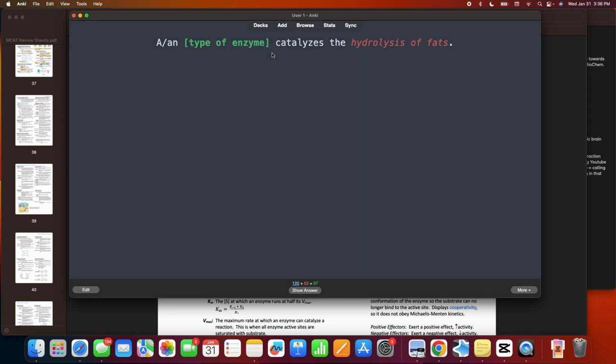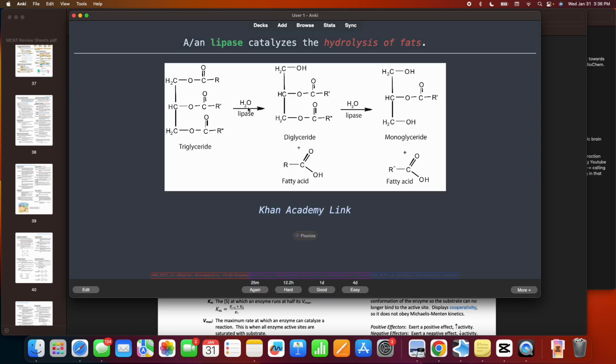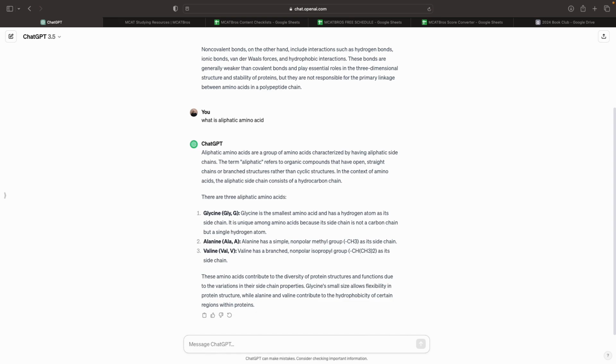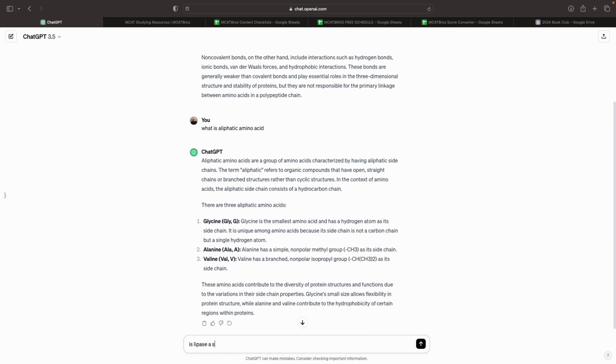What type of enzyme catalyzes the hydrolysis of fats? It should be a lipase. So we have lipase here. It uses water, so hydrolysis does take place here. Is lipase a subtype of hydrolase since it uses water to break down fats?